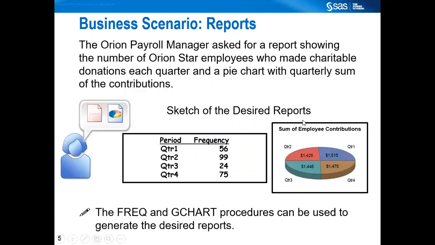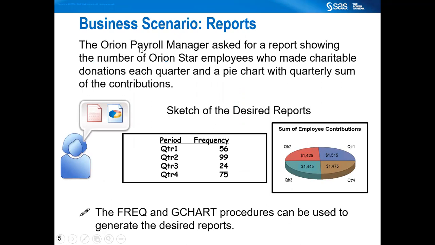Fine. So let's understand this through a scenario. They are asking us to create two reports. One is a frequency report and the other, on the basis of the frequency, is a pie chart. So it's the sum of employee contributions for individual quarters.